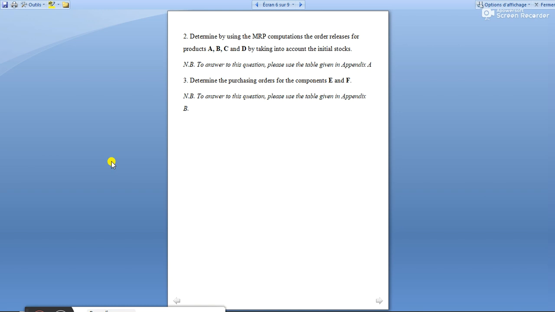Okay, so products A, B, C, and D are all manufactured in the company's workshops. So the product order releases here indicate the number of units we're going to be authorizing to be made at the beginning of each period. To obtain the product order releases, we need the gross requirements, the stock levels, and the net requirements.